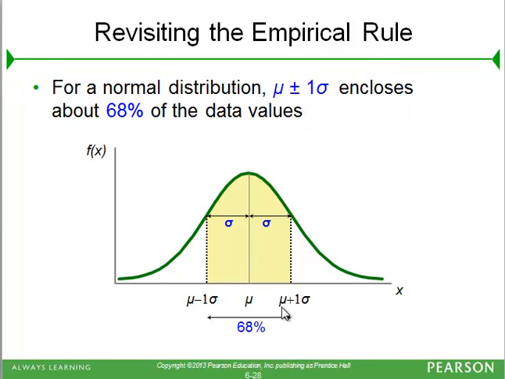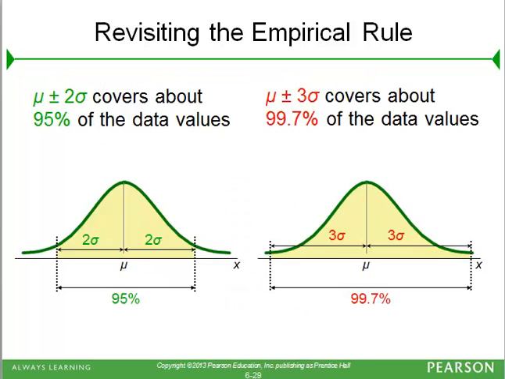Okay, 1 standard deviation away from the mean, 68%. And a 95% probability that values fall into this range, the mean plus or minus 2 standard deviations. And 99.7% that values fall into the range of mu plus or minus 3 standard deviations.